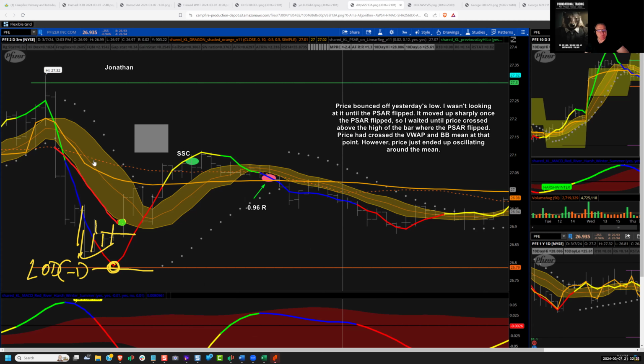Because let's suppose that I get short right here, like I could or should. Why could I or should I? Because there's your OR3, and here's a breaking of the PSAR and the Bollinger Band mean. And so I could put a risk box like this.